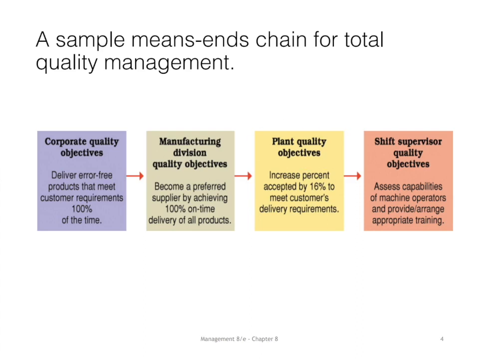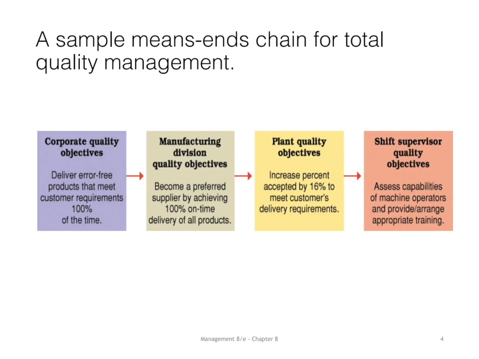In the plant department, the plant quality objective is to increase percent accepted by 16% to meet customer delivery requirements. And how about supervisor quality? Assess the capabilities of machine operators and provide range.